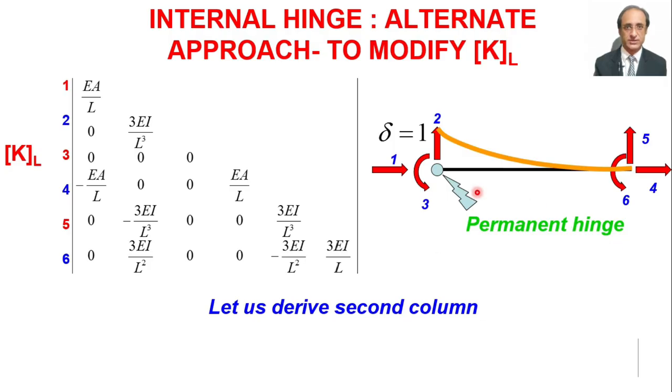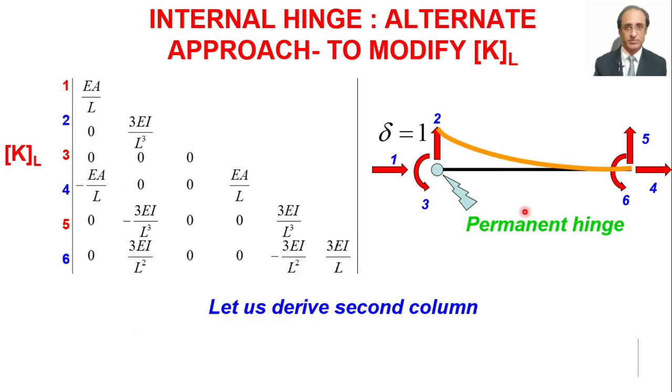So here we have to make sure that we allow the rotation at this particular node, and by making use of the first principles using the basic slope deflection relations, we can find out the forces generated along various degrees of freedom, and they will be the members of the second column of the local stiffness matrix.